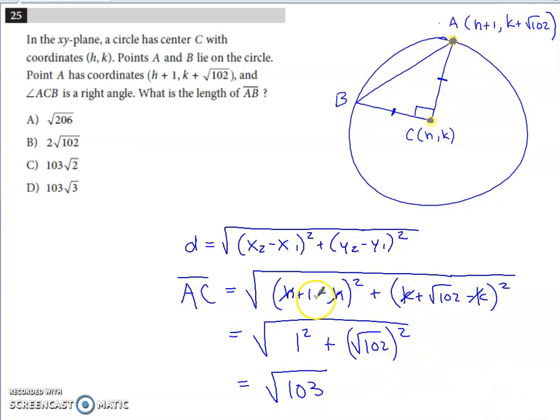What that leaves us with is just 1 squared plus square root of 102 squared. Well, if I square the square root of 102, I get 102. 1 plus 102 is 103, and that's going to have a square root applied to it. So what that tells me is that this measure from the center of the circle to point A is square root of 103 units. Because BC is also a radius of the circle, I know that has the same measure.